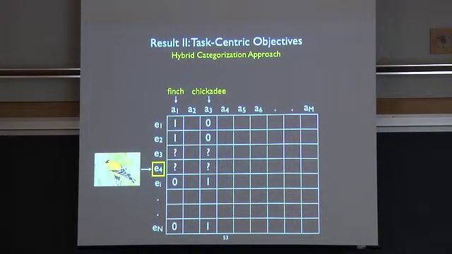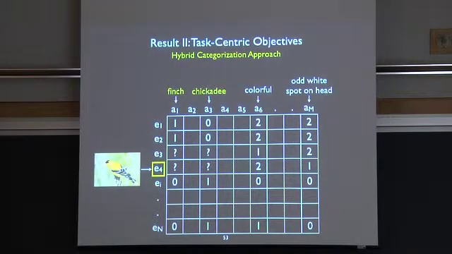The idea is that we have these columns that correspond to attributes that people are not very familiar with. And instead of asking people to score them directly, we collect other types of attributes that they choose, such as colorful or odd white spot on head. And then we use those attributes to infer the attributes that we actually want to learn about.